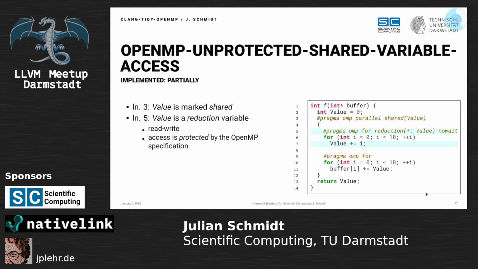If we encounter a reduction, then this reduction is a modification of the variable, but inside of the associated statement, the for loop below, the variable value is no longer shared. It's private for each thread. And so we push onto the stack that this variable is private.